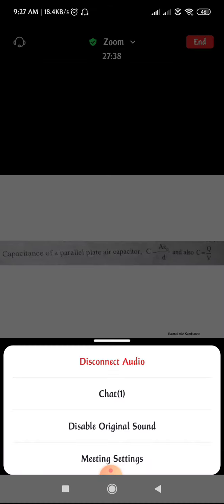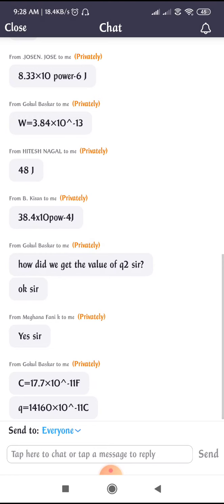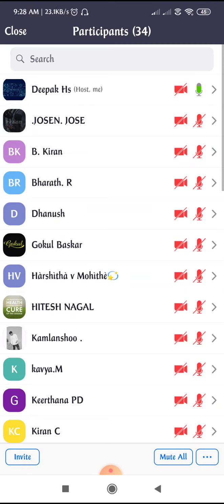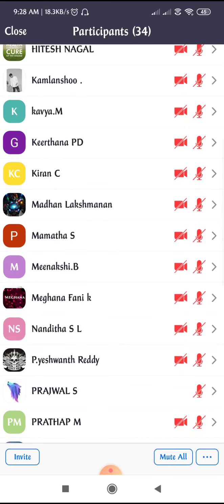Yes, apart from Gokul, has anybody got the answer? Hitesh, Meghana, Srujan. How about this, Kamalanchu? Kamalanchu, I am not getting a reply from you. If I don't get a reply from you, you'll be marked as absent for this class. Yes, how about Mamta?